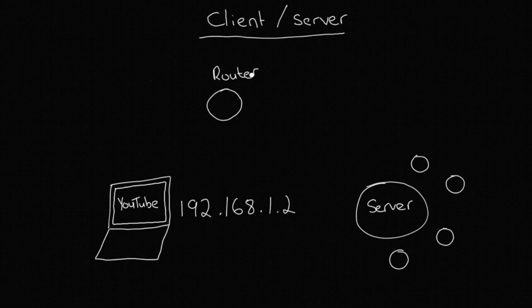Maybe you're using Vodafone, maybe you're using Sky or Virgin or Aircom. So your laptop goes to your router, and your router has a public IP address. For this example, we'll say it's 5.5.5.5.